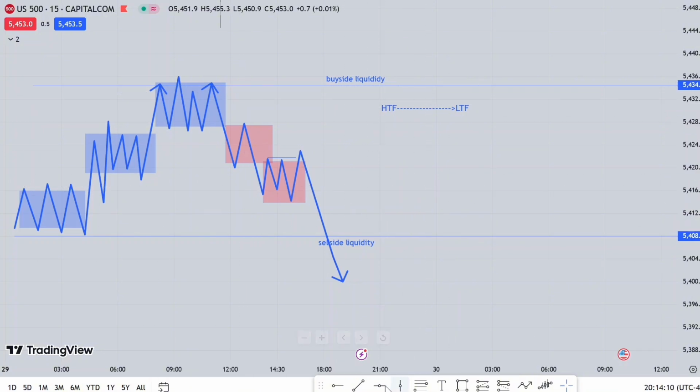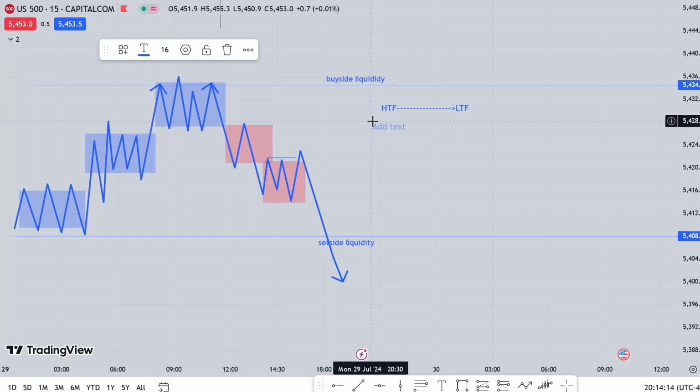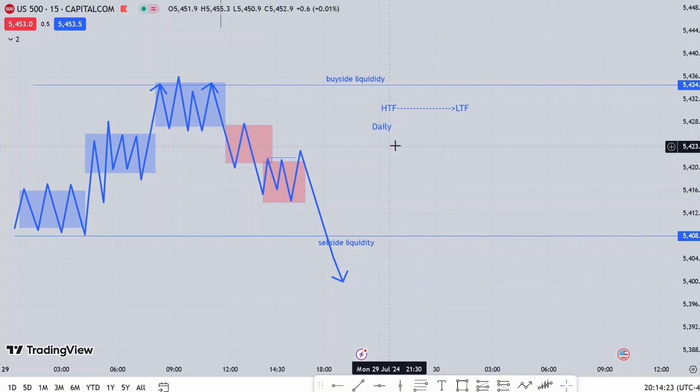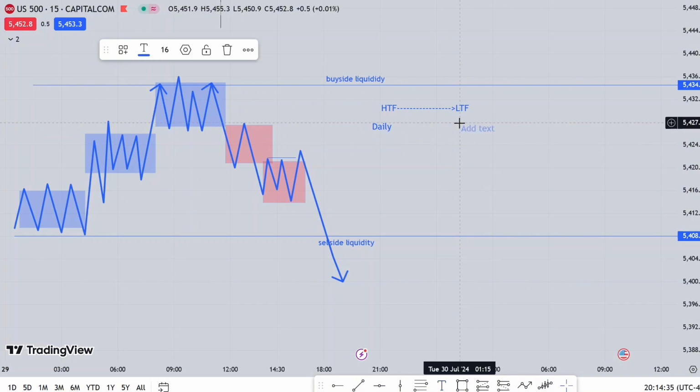So when you have a market maker model on the daily, you'd want to see a fractal nature of that market maker model on the 15-minute time frame. The 15-minute time frame is the bellwether time frame for the daily higher time frame.